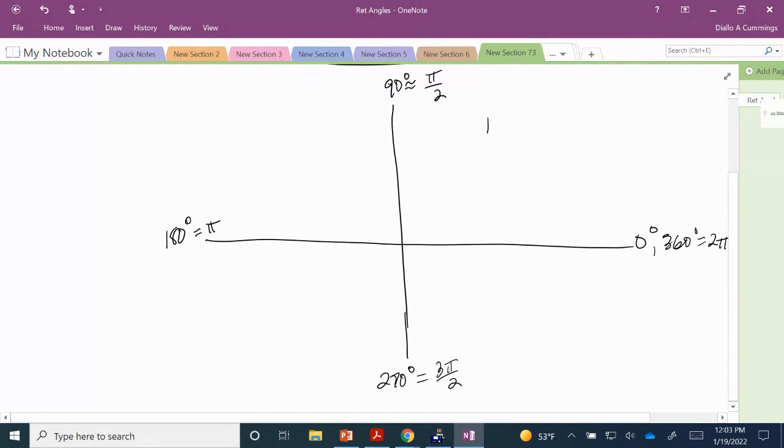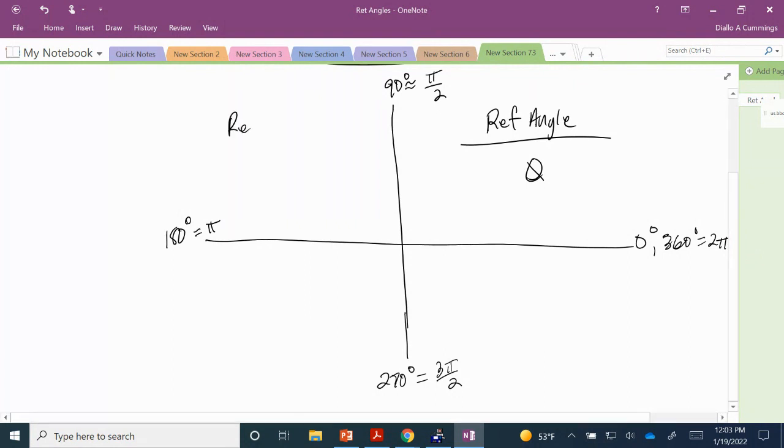Now, if your angle is in the first quadrant, your reference angle would be your angle, right? Because if it's in the first quadrant, that angle is acute, and the definition of a reference angle is an acute angle.